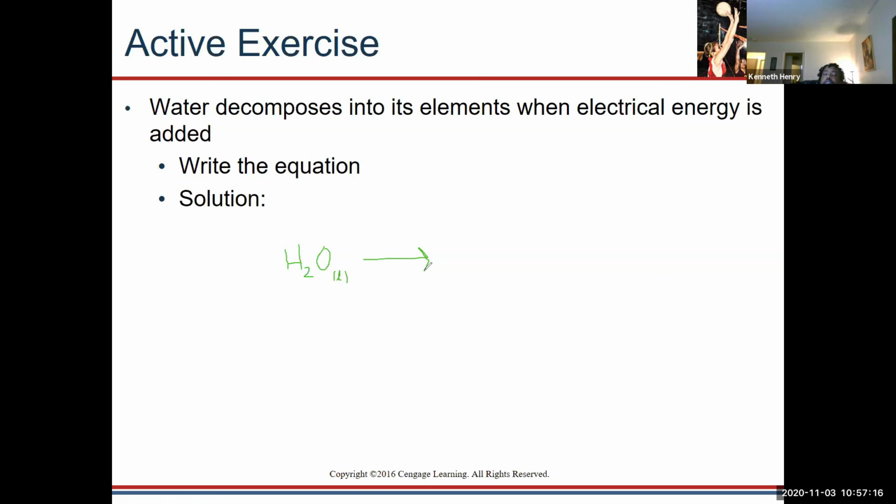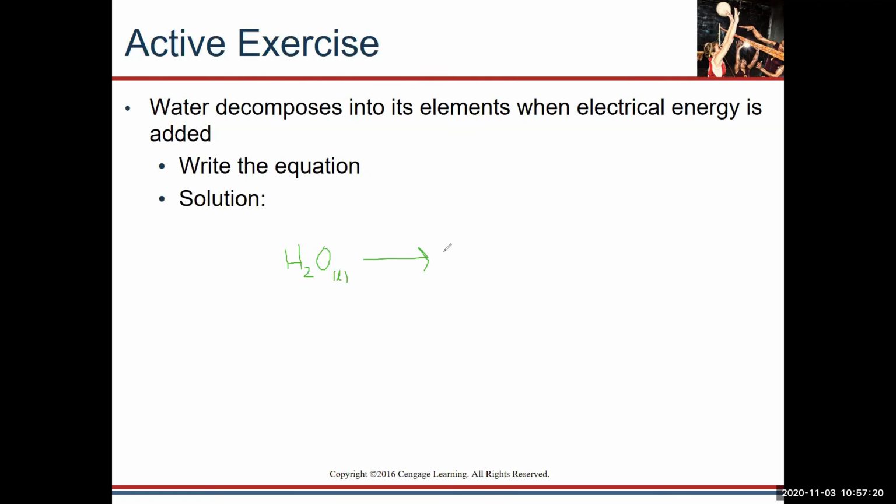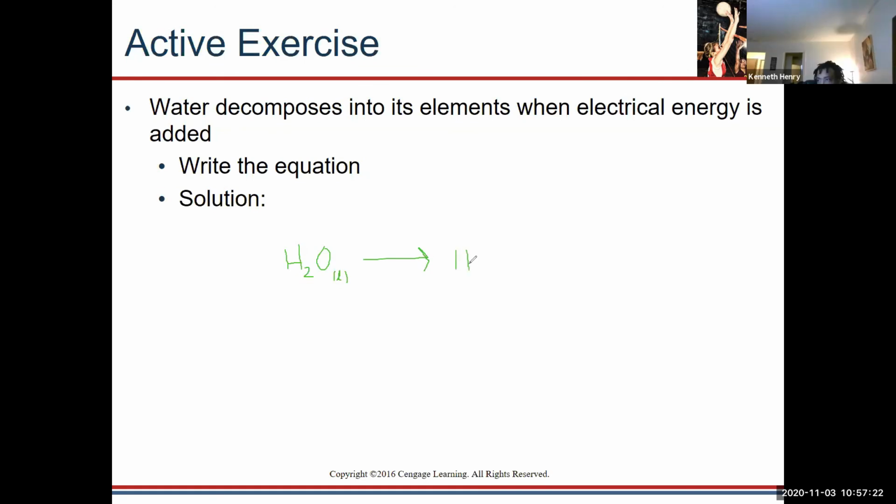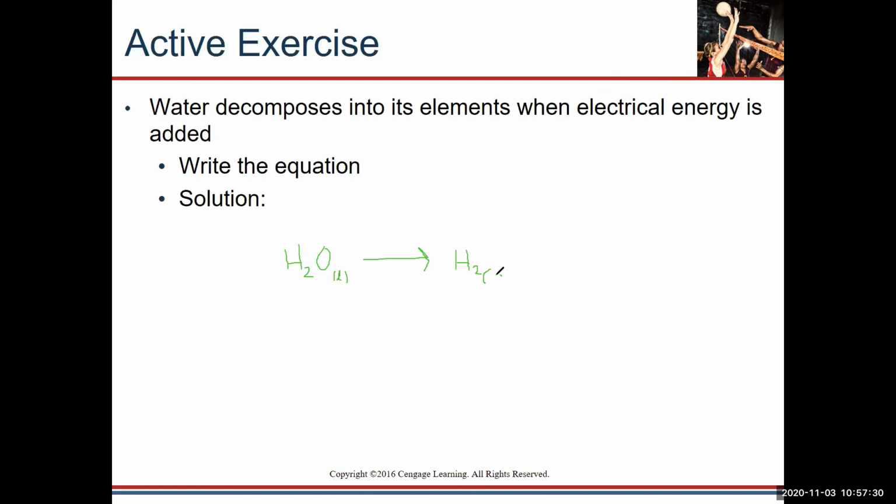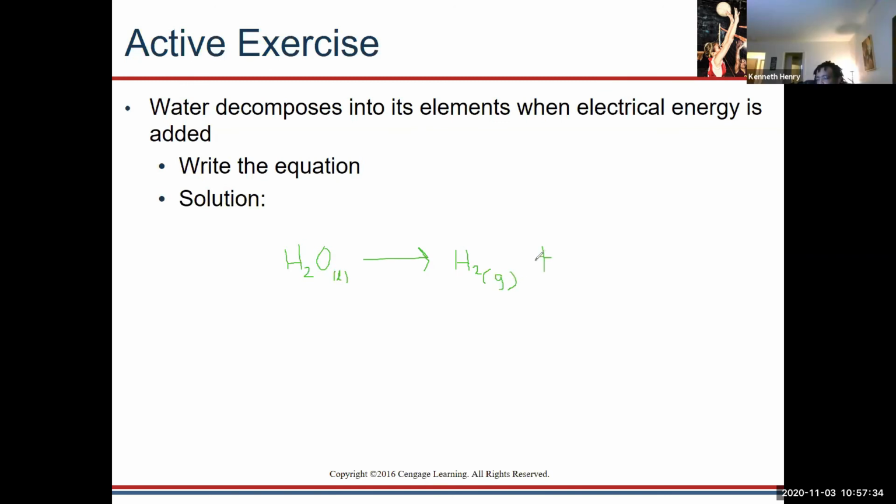What are the elements? H and O. H2, solid, liquid, or gas? Gas. That's right. And oxygen, O2. Solid, liquid, or gas?